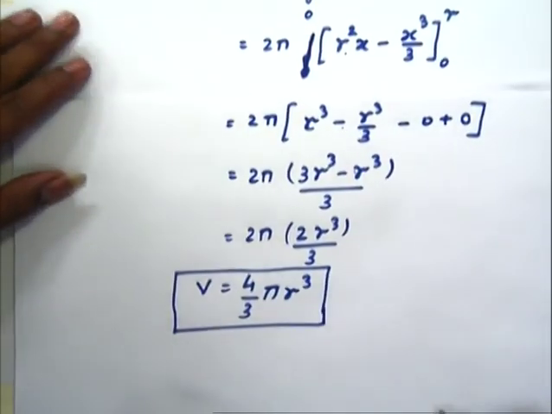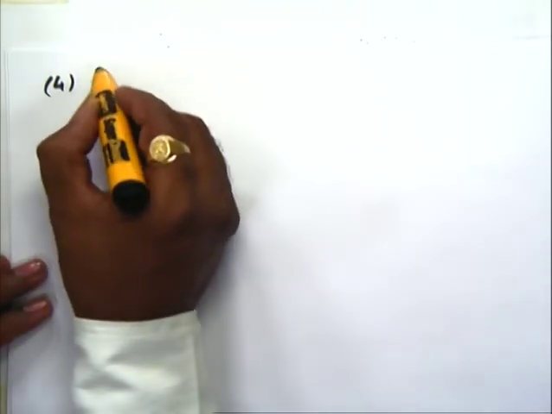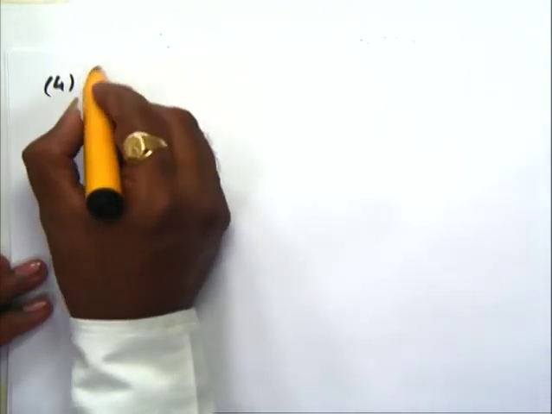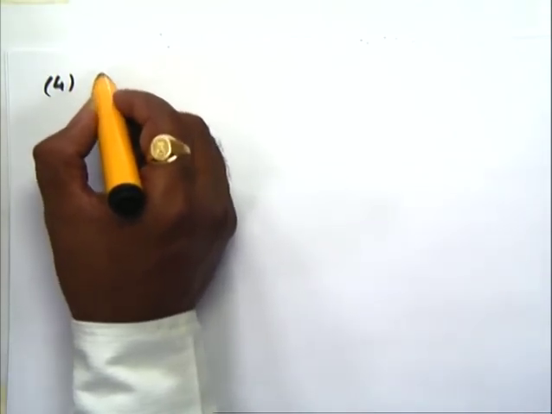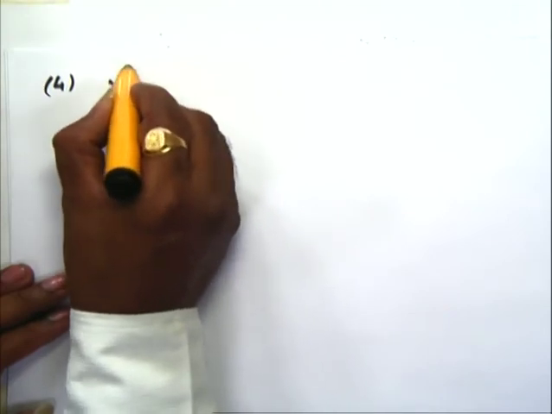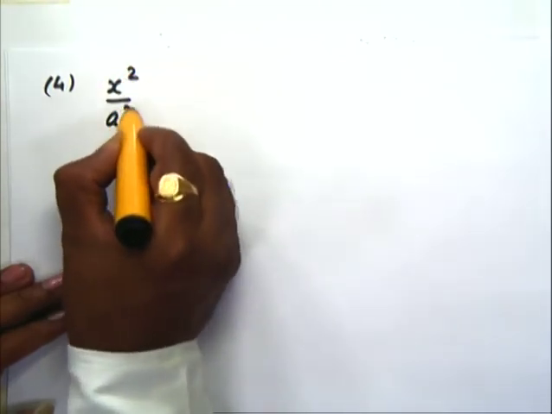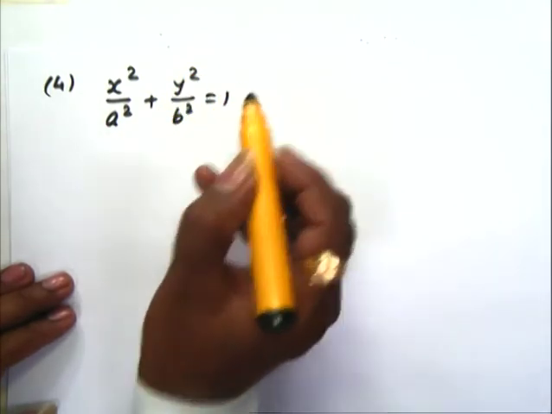Now let's learn one more example. Example number 4. Find the volume of solid obtained by rotating the region bounded by x square upon a square plus y square upon b square equal to 1.